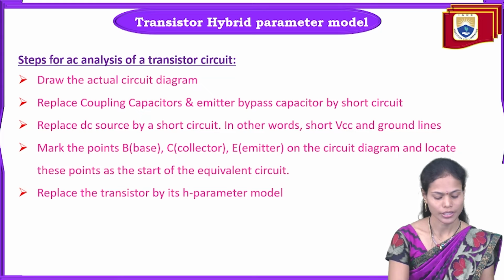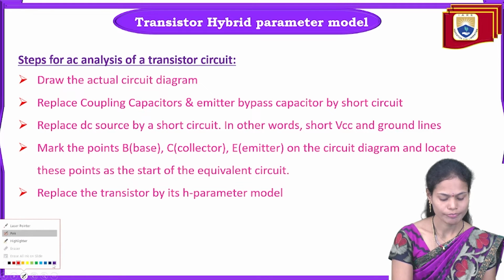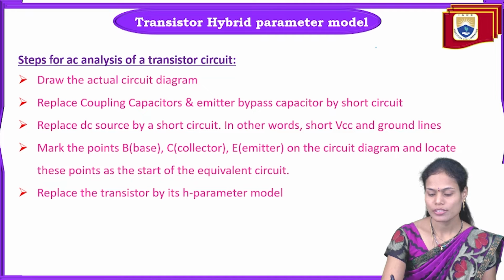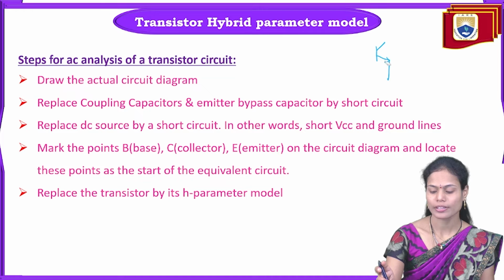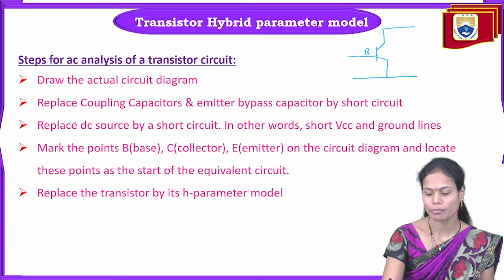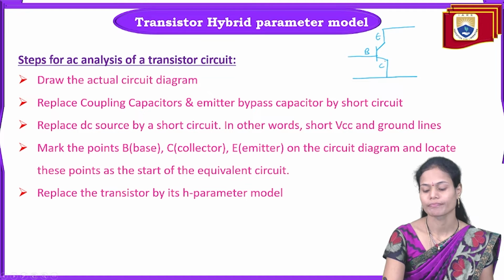So that's why I'm taking the circuit of common collector configuration here. In the case of common collector configuration, the collector terminal acts like a common between both the base as well as the emitter terminals of the transistor.